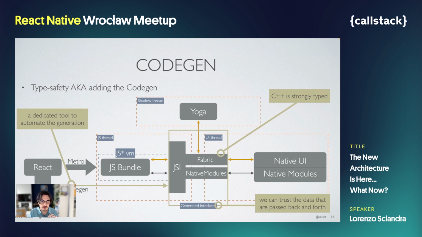And by doing that, it will take your JavaScript, your TypeScript or Flow types, and will generate the equivalent native side interfaces, which basically is a long way of saying that it's not likely that you will need to learn C++. You don't need to learn necessarily any native code language. There's a level of tooling that has been introduced to help remove that step. And also, in a backward way, if you want, because C++ is strongly typed, this implies that your code will need to be very, very tightly typed too. And good typing in your code is equivalent to better code at the end of the day.